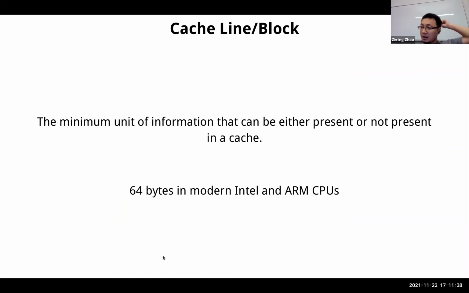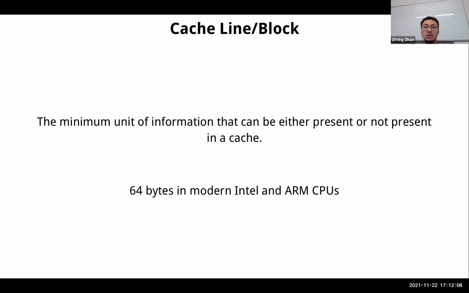Okay. Another important concept is a cache line, or some literature call it cache block. This is the minimum unit of information that can be either present or not present in a cache. So if you want to load something into cache, you do not load it byte by byte. In memory, you can do byte by byte, but for cache, you don't. You will load a cache line or cache block.